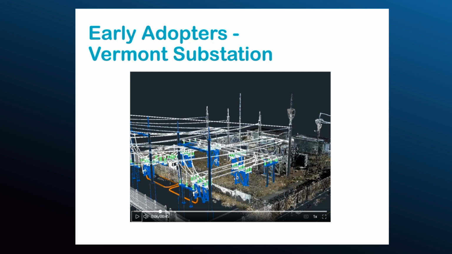But being able to sit down with our constructors and cut views of everything, take them through what the 3D model looks like, they can see exactly how all the conductors are going to be represented and the plant underneath them. It really allowed us to be very confident with our craneage, very confident with our outages, and really just drove the whole construction staging of this job to work quite well.